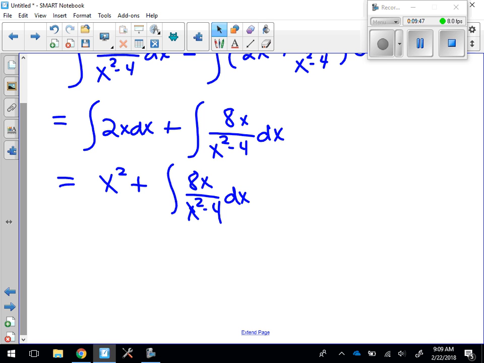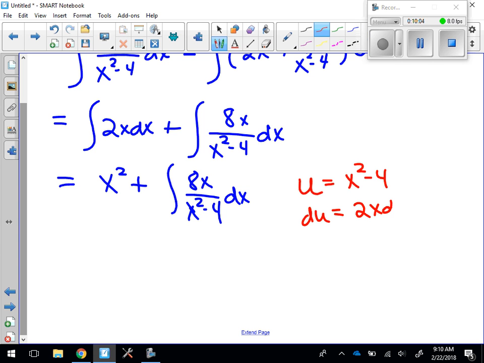No. Use substitution. Really? What would you let u be equal to? Priya, what would you let u be equal to? So my integral here would become the integral of 4 over u du. Right?